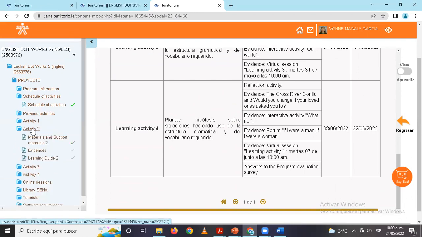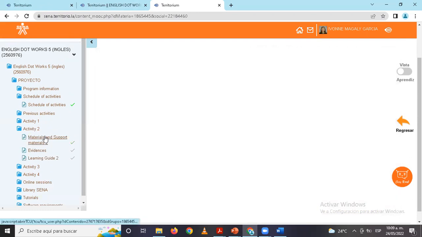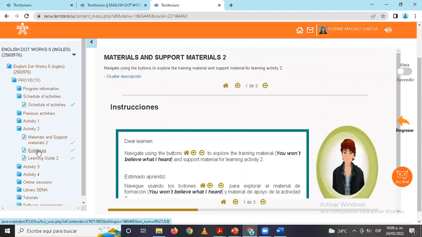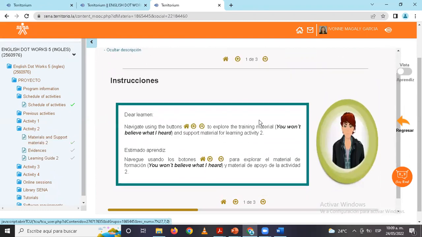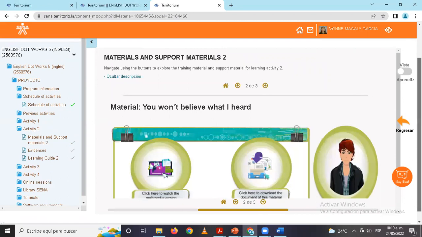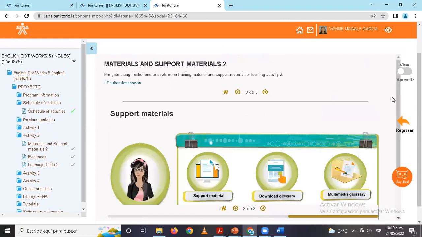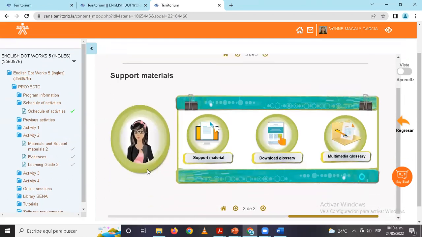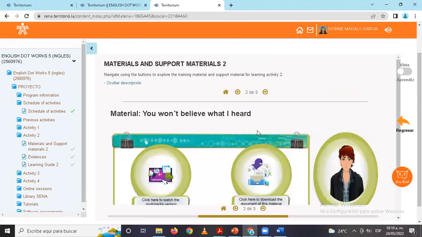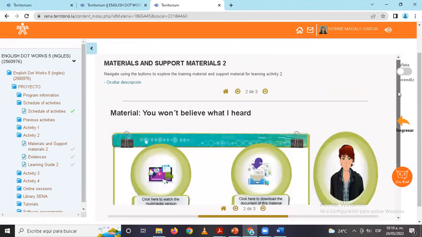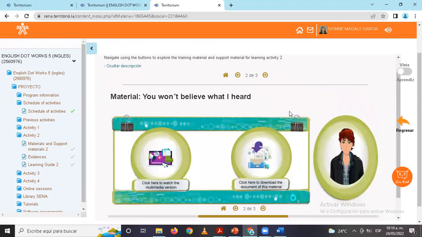So let's go to activity 2, materials and evidence. Here in materials, you will find the principle material, You won't believe what I heard. That's number 1. But then you will find also additional exercises through this support material. Okay, so we will check this material.